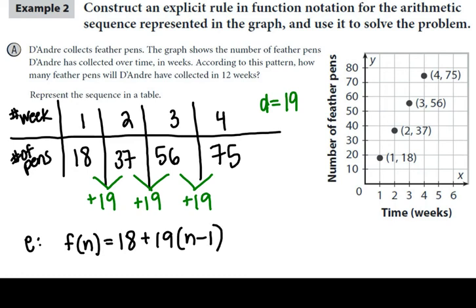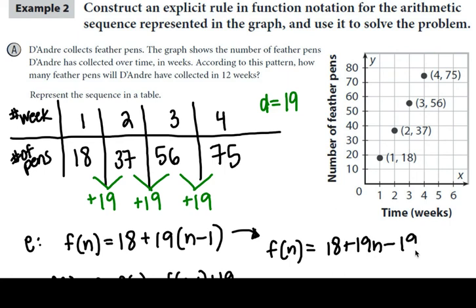And the recursive, just to bring back recursive, just want to make sure that you remember what recursive is: f of 1 equals 18, comma, f of n equals the previous term plus 19. Now that you've got that, we're just going to put that aside, and we're going to go with this one right here. So we've got f of n equals 18 plus 19 times n minus 1.